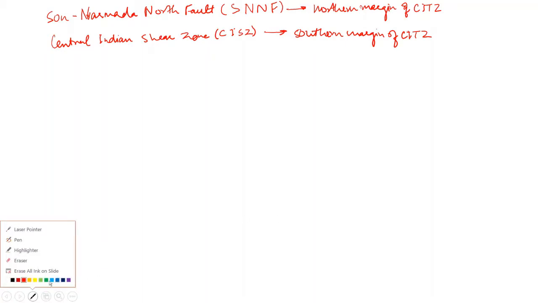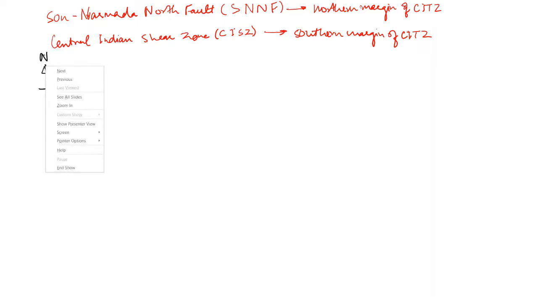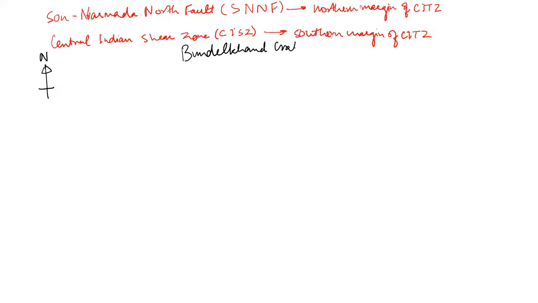So let us try to draw a rough map first and then we'll go into the details of it. So starting from north, this is the north over here. The northernmost geological entity over here is the Bundelkhand Craton.